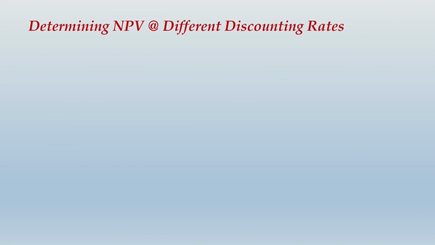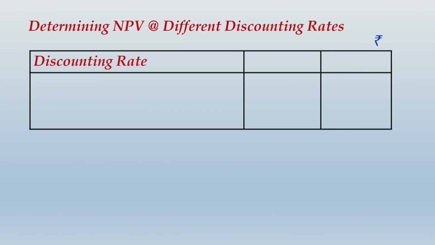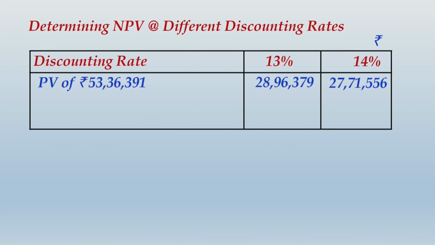Let us move ahead, and now what we do is we compute NPV at different discounting rates, considering the present value of the lump sum amount which we have just computed as 53,36,391. When we discount this lump sum future value to its present value using 13 and 14% discounting rates, what we get I have shown in the table, that is 28,96,379 at 13% and 27,71,556 at 14%.